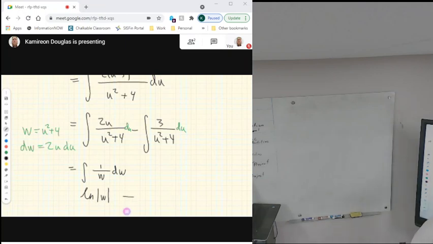Minus, I pull the 3 out, and this one's an arctan function. So this becomes minus 3 times 1 over a, so 1 over 2, arctan of u over 2 plus c.